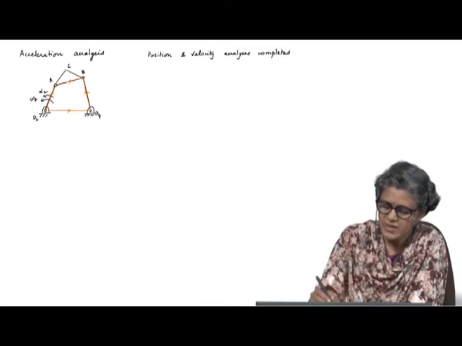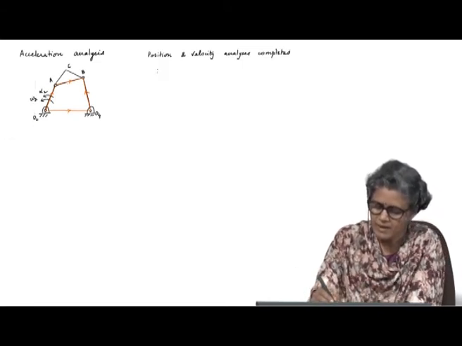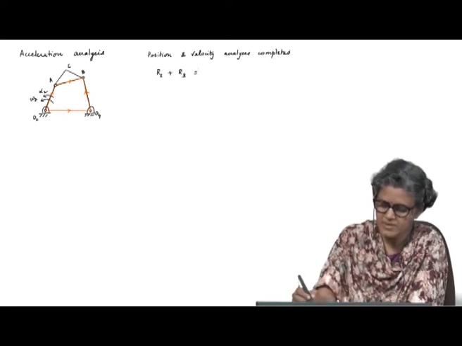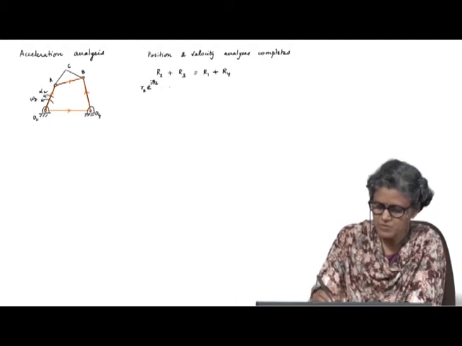Okay. So, I have R2 plus R3 equal to R1 plus R4. So, R2 e power i theta 2 plus R3 e power i theta 3.